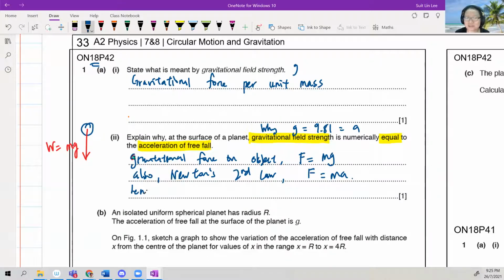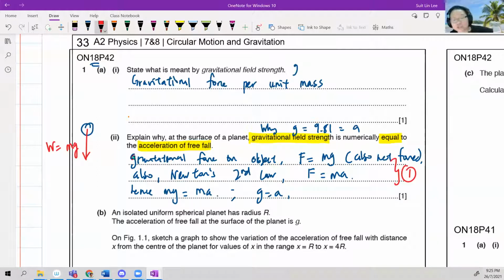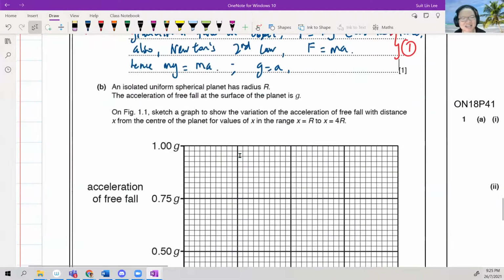So hence mg equals ma. We can also say this is also the net force. So g equals a. All right, everything is 1 mark. If you relate these two, you explain properly: the force on the object is mg, and from Newton's second law, you can write mg is ma. Bonus.